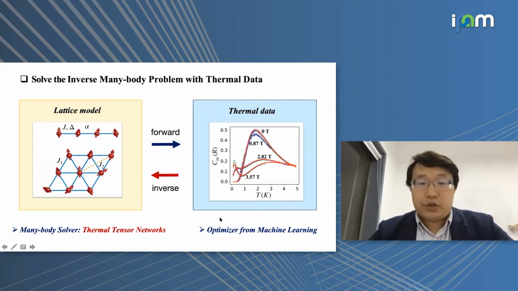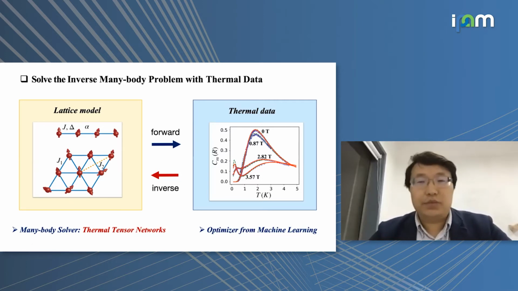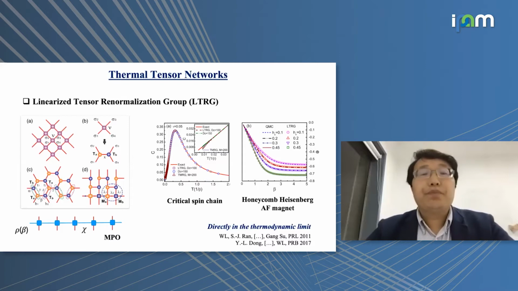And for the inverse problem, we need some smart optimizers, and we learned from some machine learning techniques and found some solution for it. Okay, so to be concrete, I first introduce some thermal tensor network methods, right? The first algorithm I would like to mention is the linearized tensor renormalization group, LTRG. The L stands for linearized.